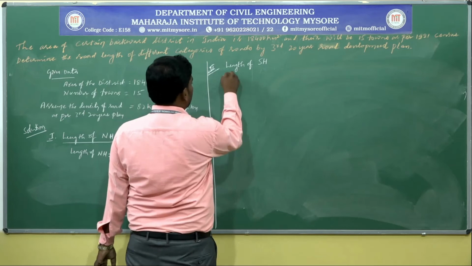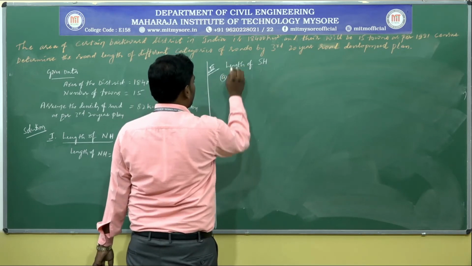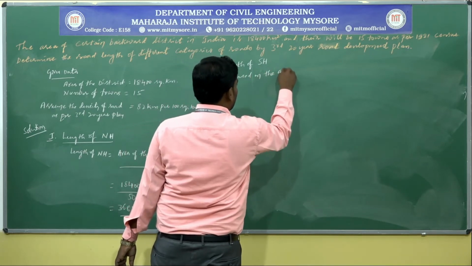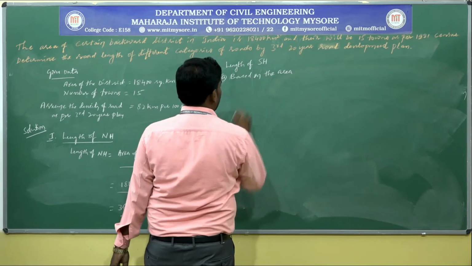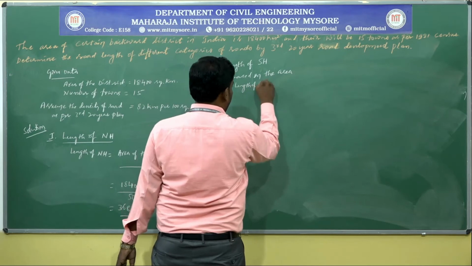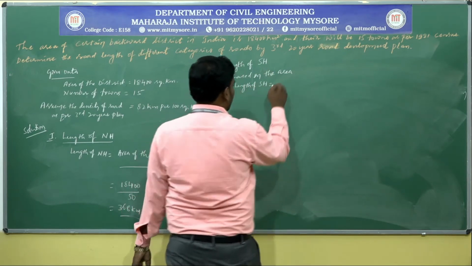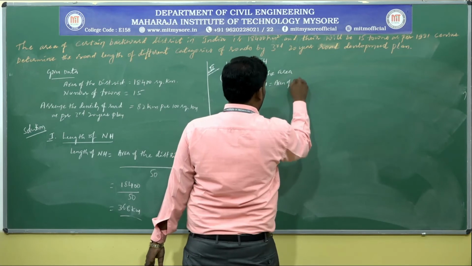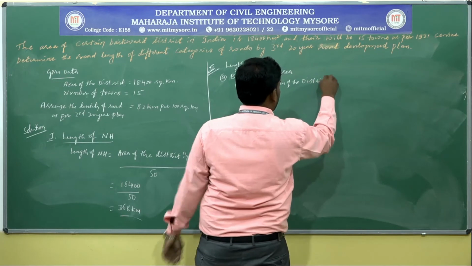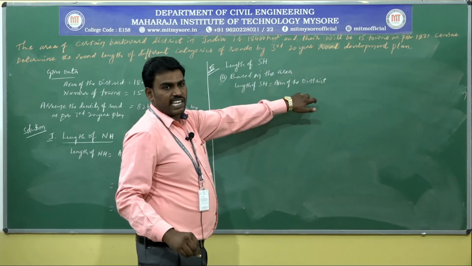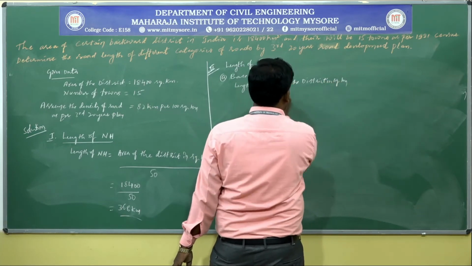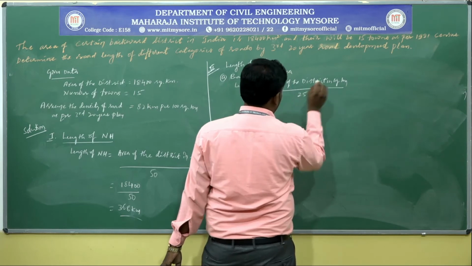The first one is based on area. The length of SH is equal to the area of the district, or if they give the state, the area of the state, in square kilometer divided by 25.